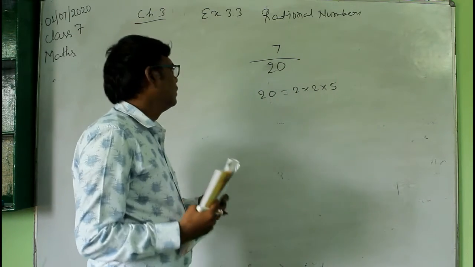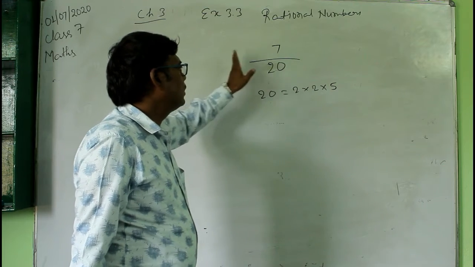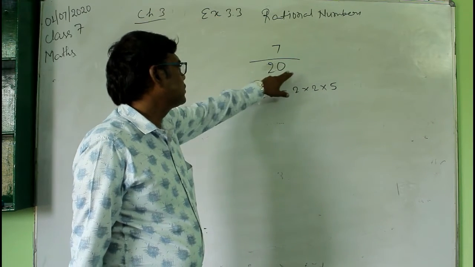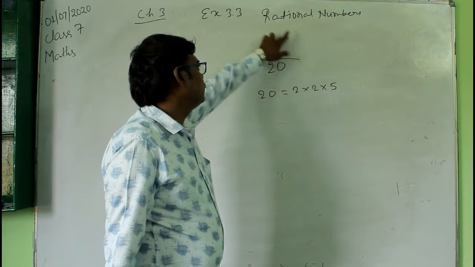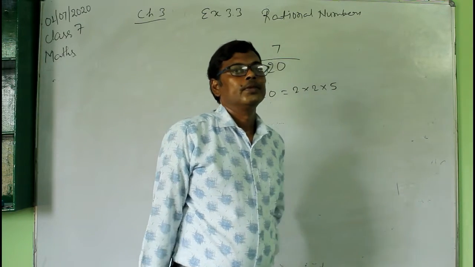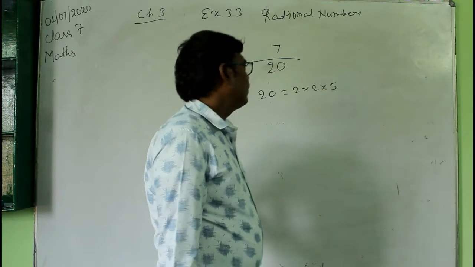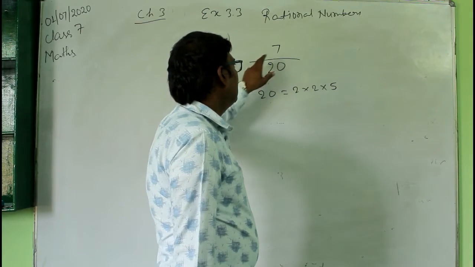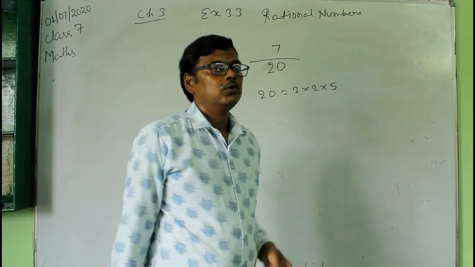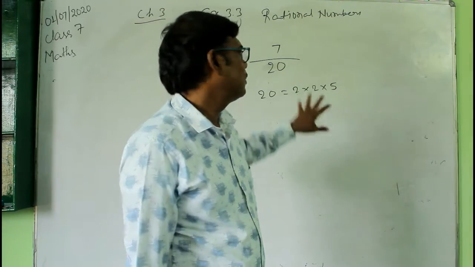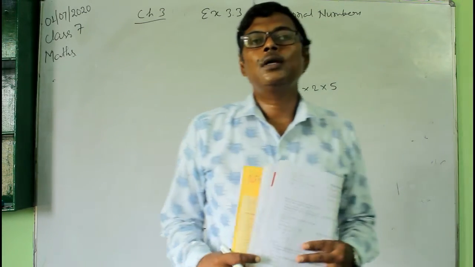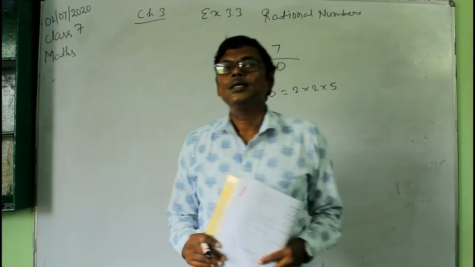Now see that here this number 20 contains only 2 and 5. So if you have this kind of number, then this will always be a terminating decimal. Okay? So remember this. By looking at the denominator and observing the factors, you can determine whether the given number will be a terminating decimal or non-terminating decimal.